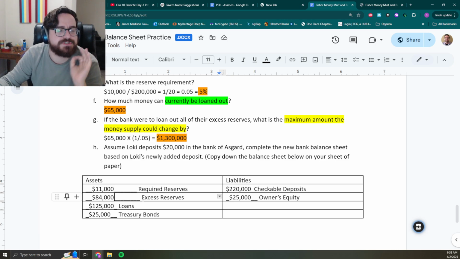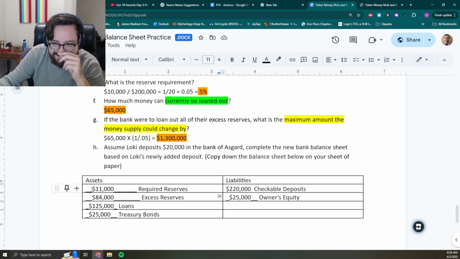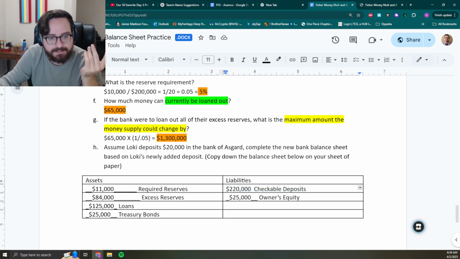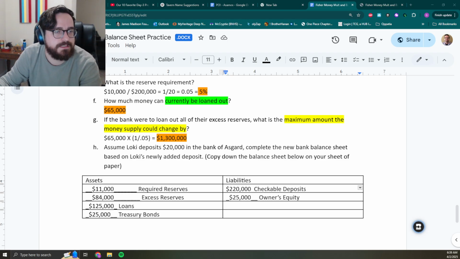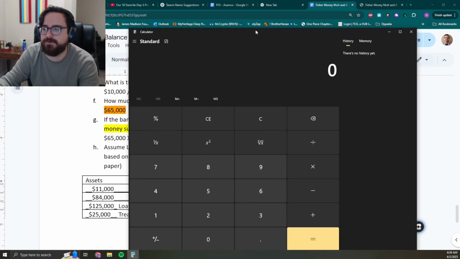Again, if you see a balance sheet like this, you're like, I think I have the answer. I'm not sure. How do I check? The two rules. This has to be the correct percentage of this. So this 11,000 would have to be 5% of 220,000. Quickly calculate. Let me show you. Calculator. How do I check that, Mr. McRitchie? Two ways.